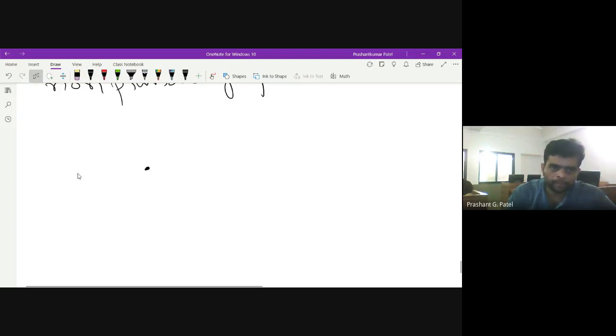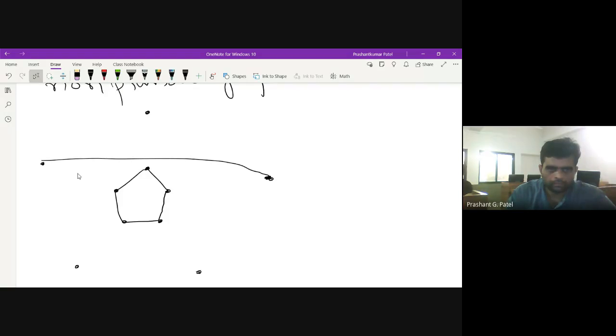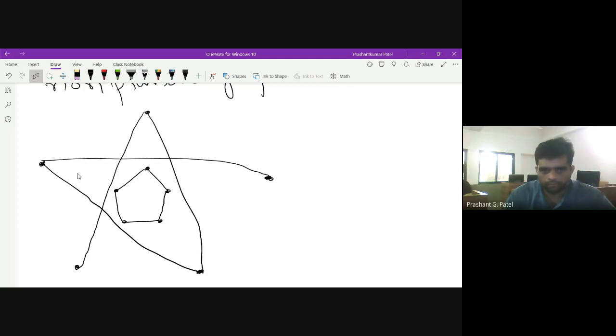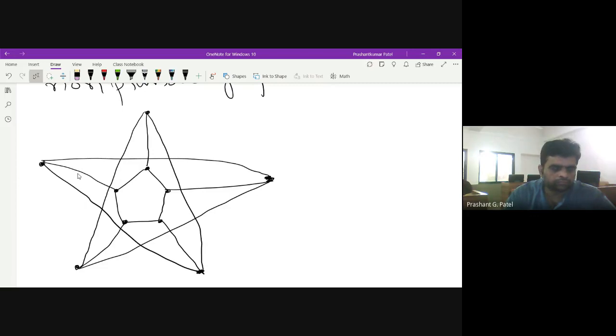Let me draw one of them. So if I plot the graph in this manner, then this graph can never be drawn as a plane graph. So this is an example of a non-planar graph.